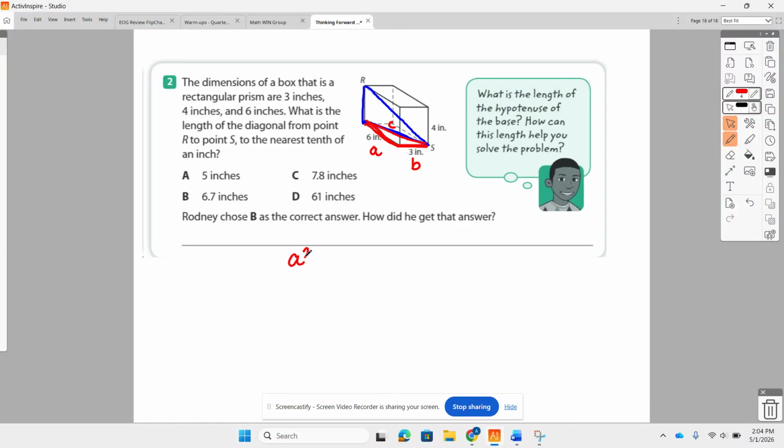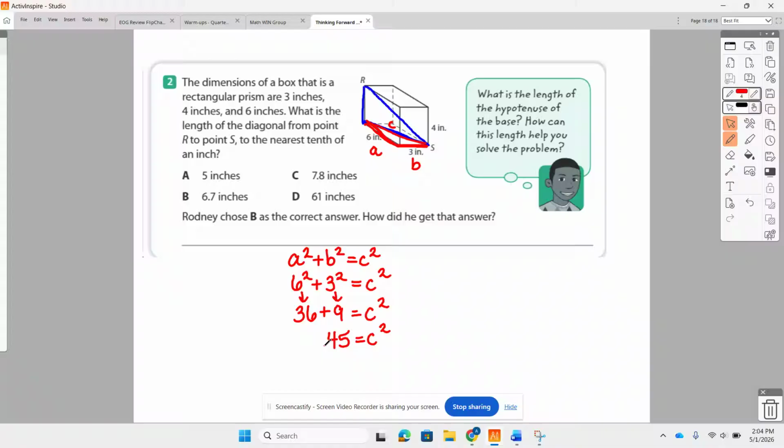So a squared plus b squared equals c squared. So 6 squared plus 3 squared equals c squared. So that would be 6 times 6, 3 times 3. That will give us 45 for c squared.